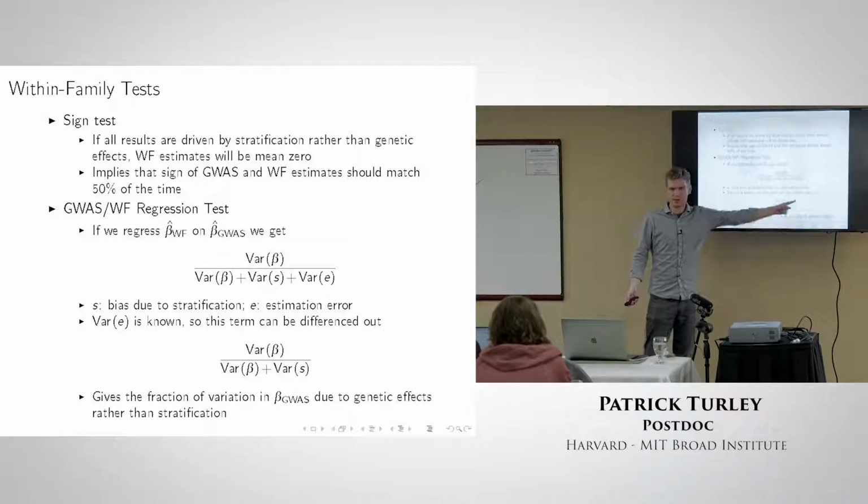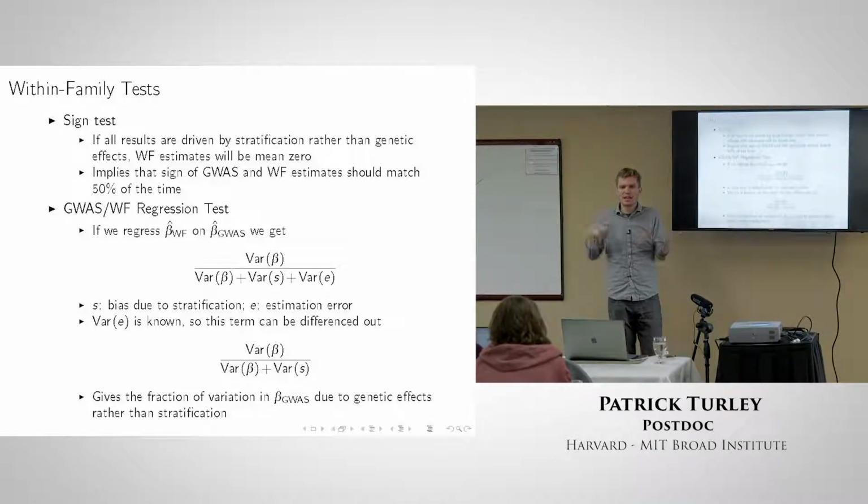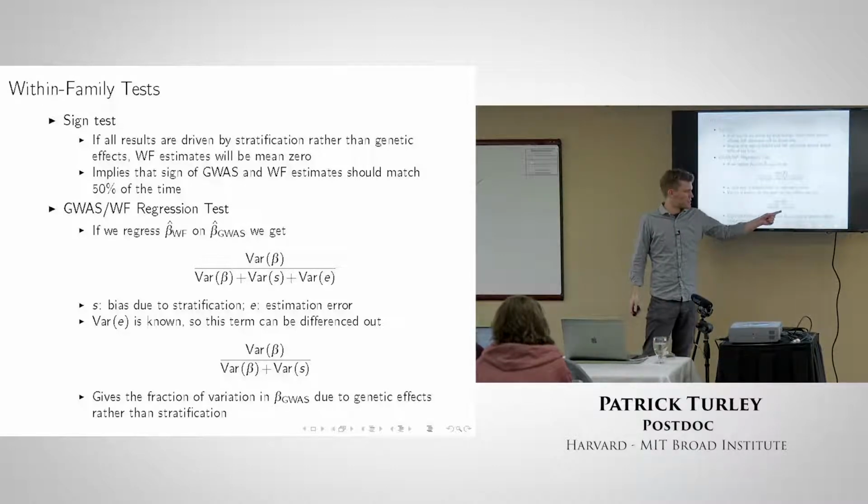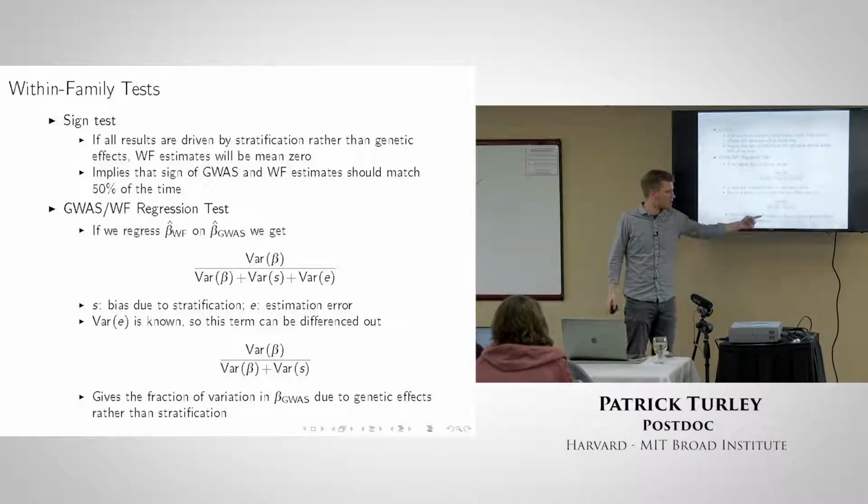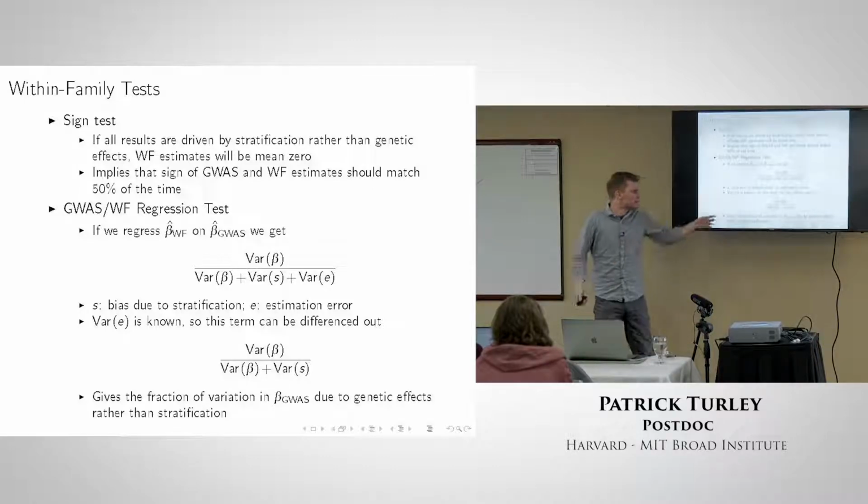This thing would go down to 0, which means that approximately 0% of the variance that we see in our estimates is due to true signal. It's all being driven by the stratification. And so this estimator, you can think of it as the fraction of the signal that we're observing that's due to true genetic stuff versus stratification bias.